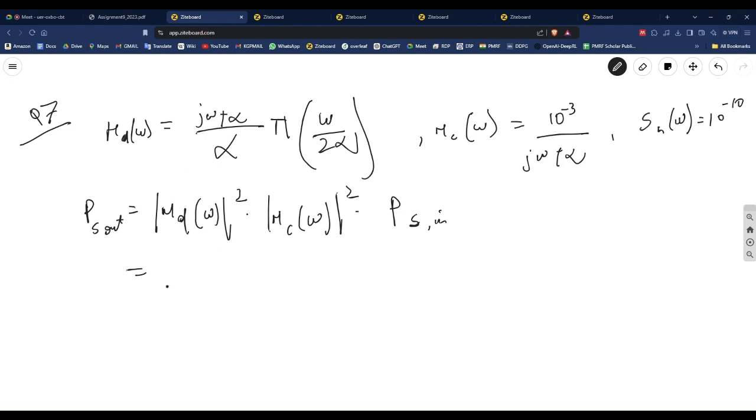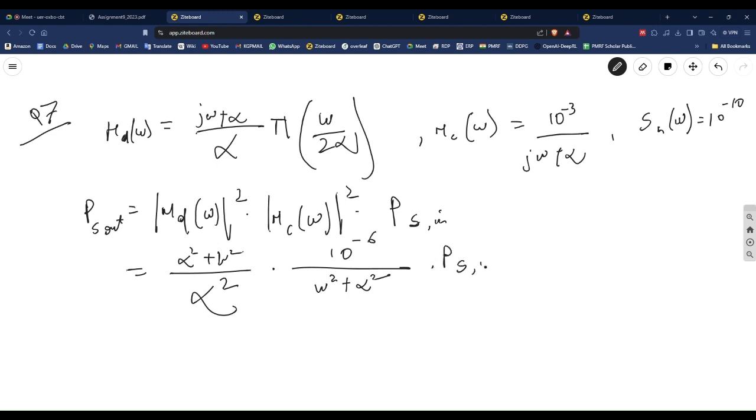Mod HT omega square will be this, so the output power will be this.